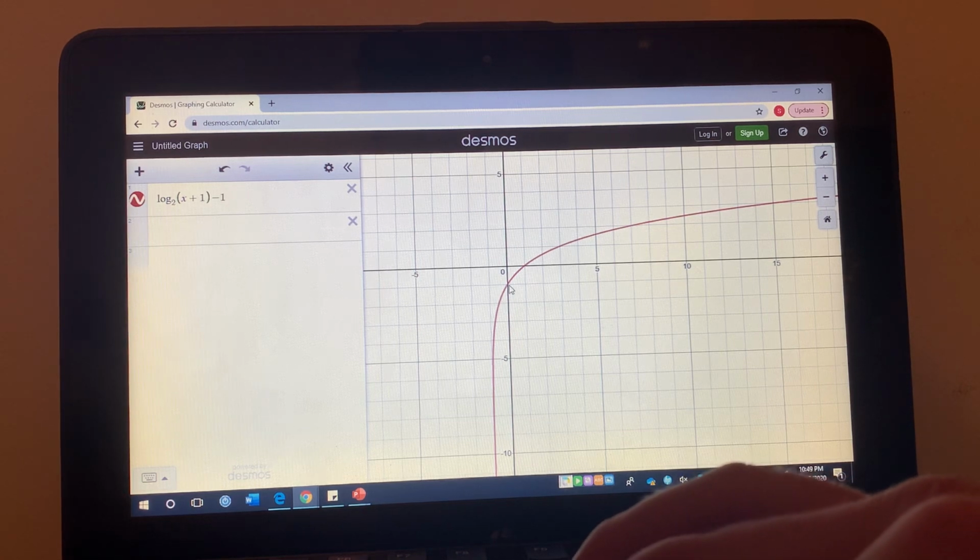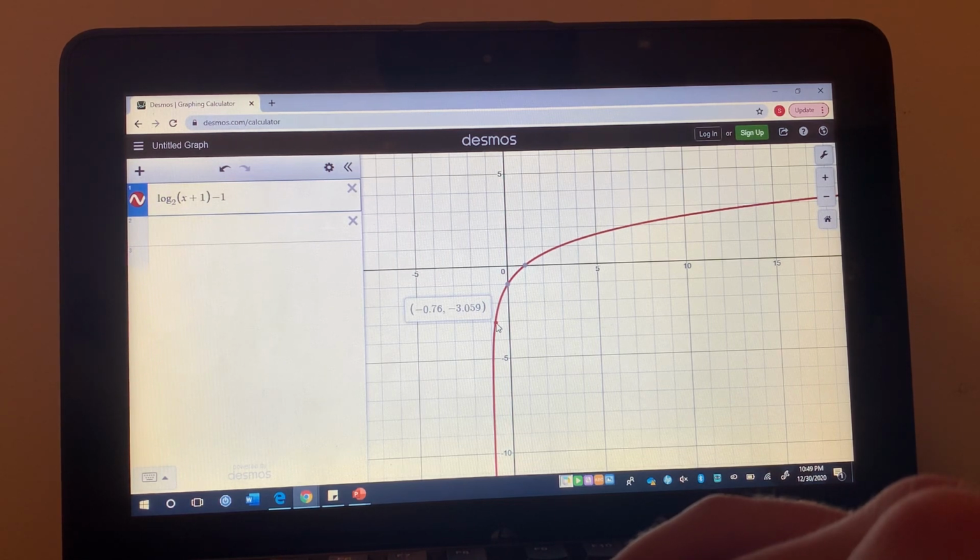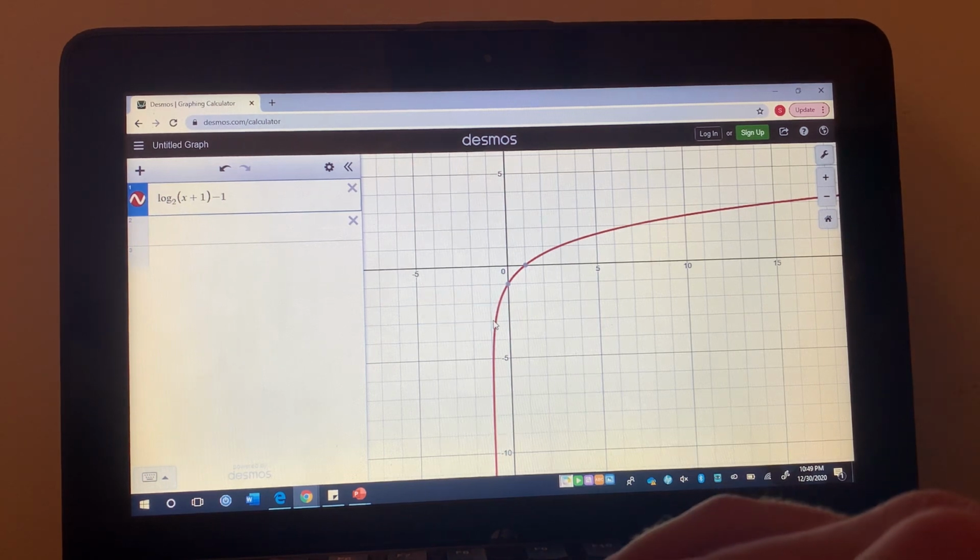And if we go down 2, it's going to be negative 1 plus 1 over 4, because 2 squared is 4. Negative 1 plus 0.25 is negative 0.75, and going down 2 gives us negative 3.